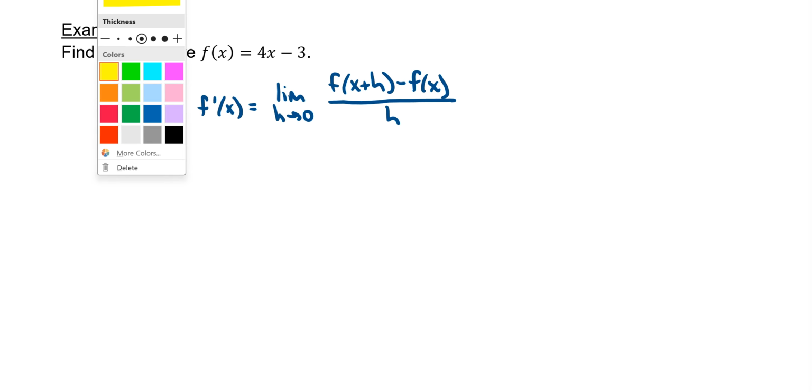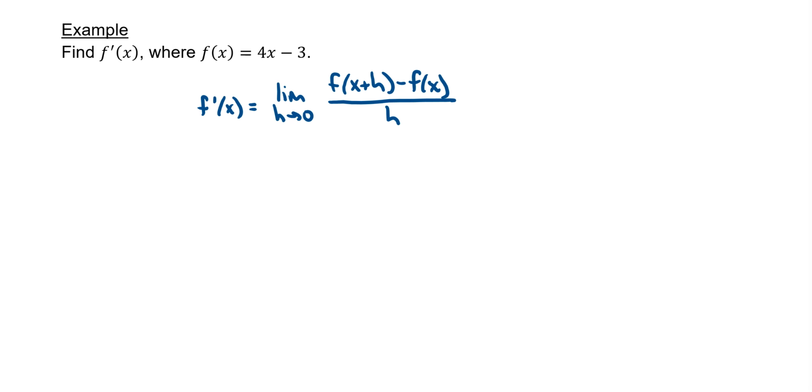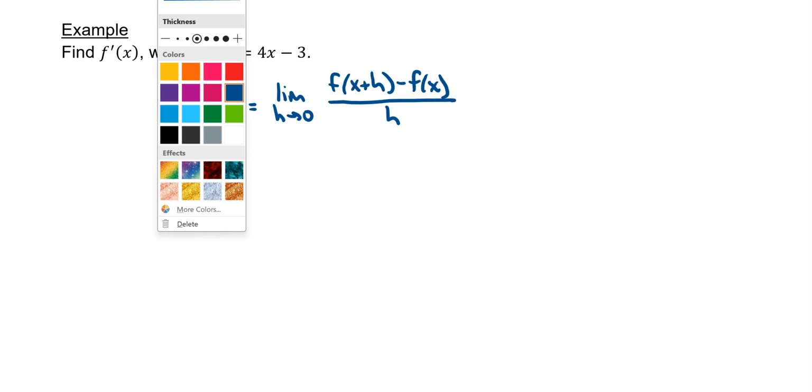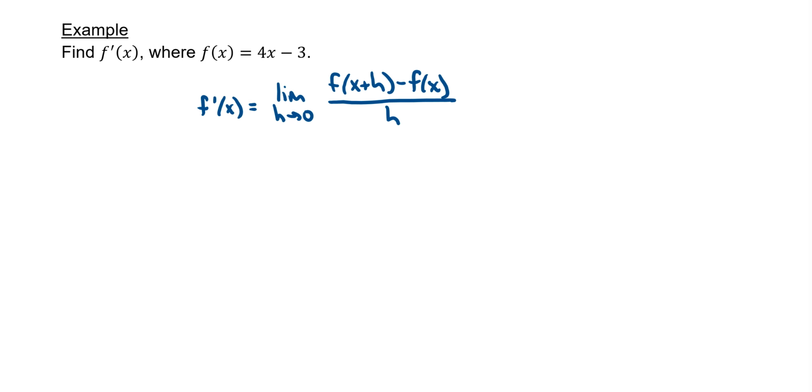All right, so let's go ahead and run through this so we can see how it's done. Just like the first couple examples that we did for this section of the notes, the functions we're going to be going over are all polynomials. They're actually going to be a little bit easier. They're going to be linear functions and quadratic functions, only polynomials. If you had different functions, you would solve these different ways, but we're only going to be working on polynomials for now.